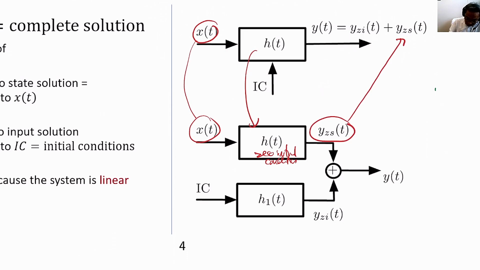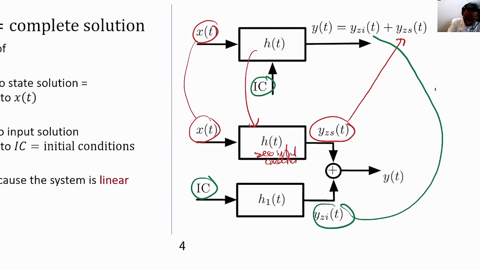Second, if I put the initial condition into the system, I will get ZI, zero input. But notice here, on top is h of t, the same as the original system. The bottom is h1 of t. It is very similar to h of t, but not exactly so. We'll derive the equation of h1 of t in the next slide.